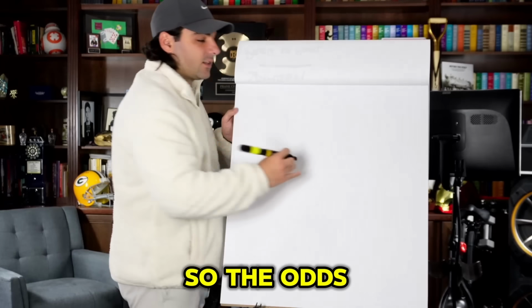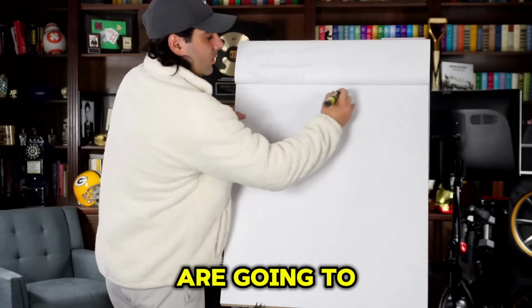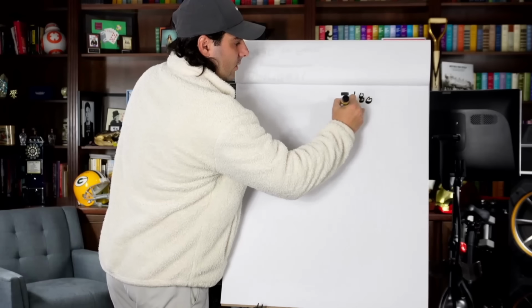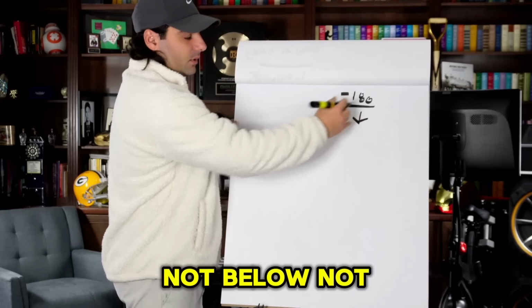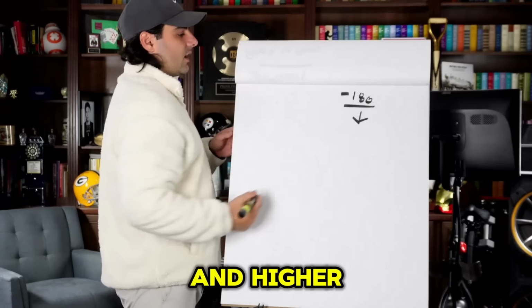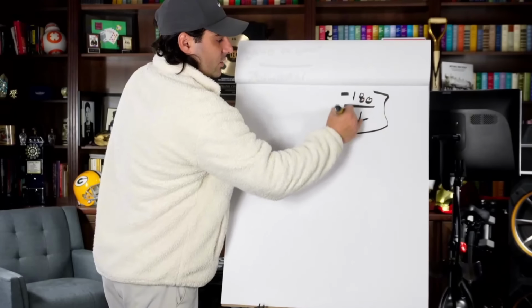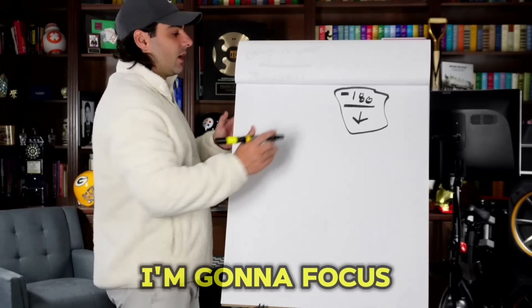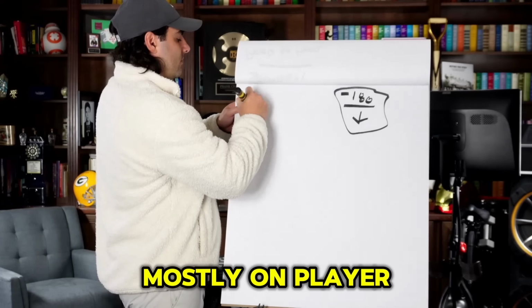The odds that I'm going to stick to are minus 180 or higher, okay? Higher, not below, not minus 150, not minus 110s, none of those. Minus 180 and higher. That is the odds threshold that I'm going to stick to. Now again, I'm going to focus mostly on player props.